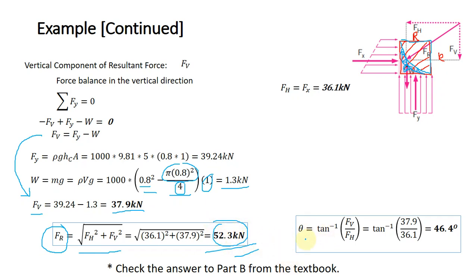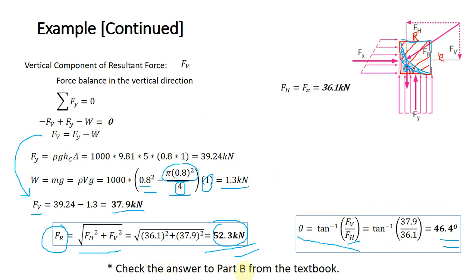And to know the angle at which this force is acting, we can calculate the angle theta using tan inverse of Fv over Fh, and that will be 46.4 degrees. So now we know the resultant force that is acting on this curved surface.